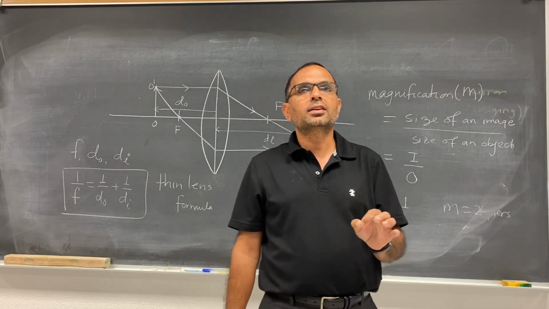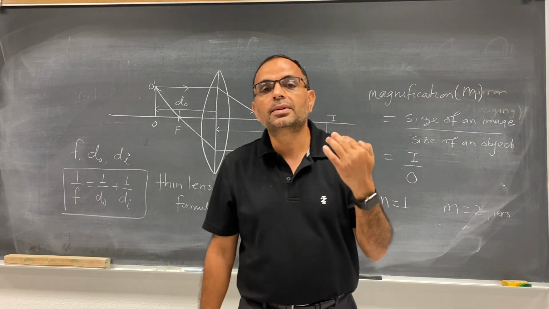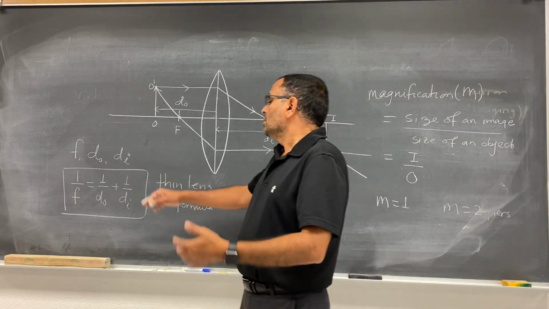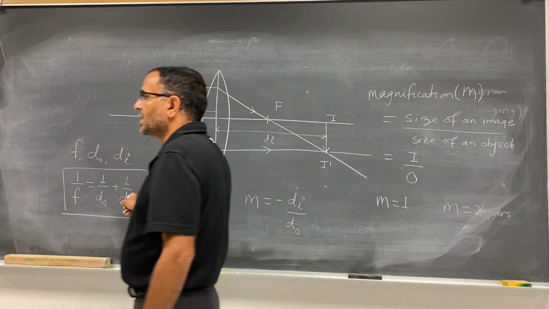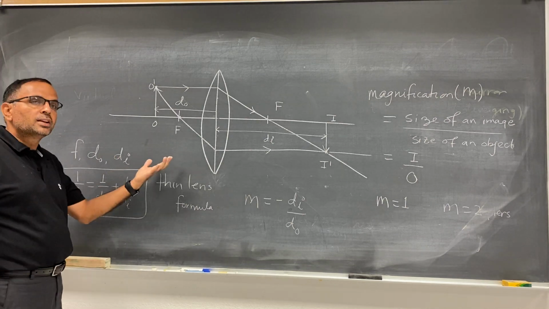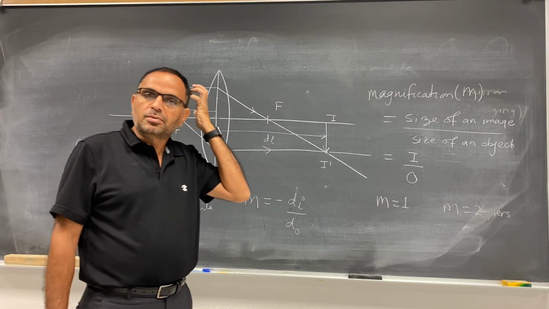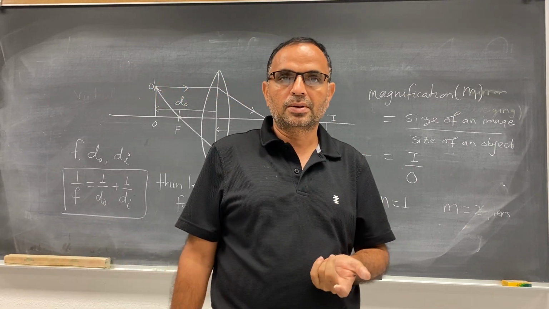Again, the focal length of the convex lens is positive, and the focal length of the concave lens is negative. Okay, so to solve the problem, we have to apply the sign convention also, but this is the thin lens formula. This formula is good for both lenses, concave and convex, but of course we have to apply the sign convention because the focal length of the concave lens is taken as negative.